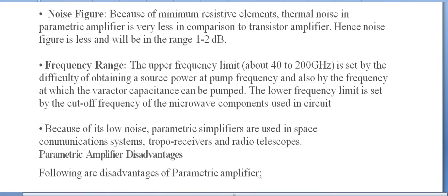The lower frequency limit is set by the cutoff frequency of the microwave components used in the circuit. Because of its low noise, parametric amplifiers are used in space communication systems, tropo receivers, and radio telescopes.